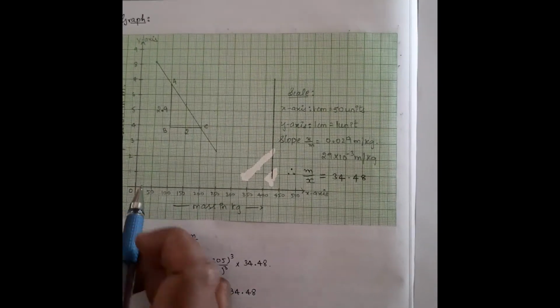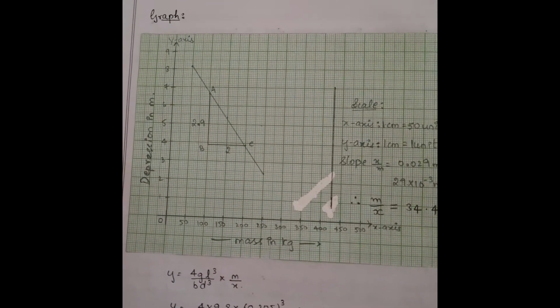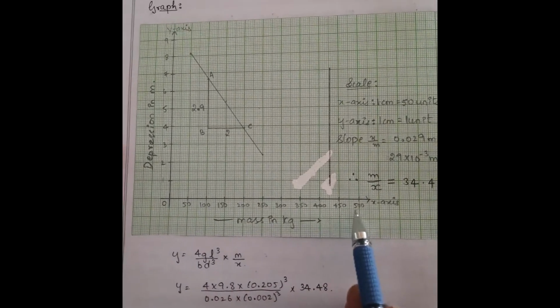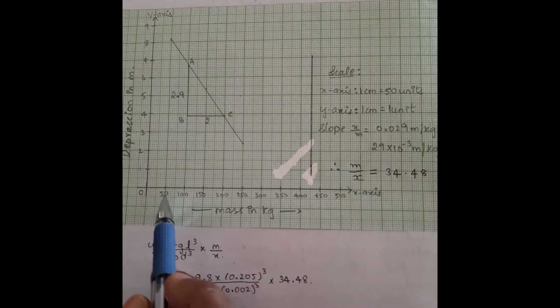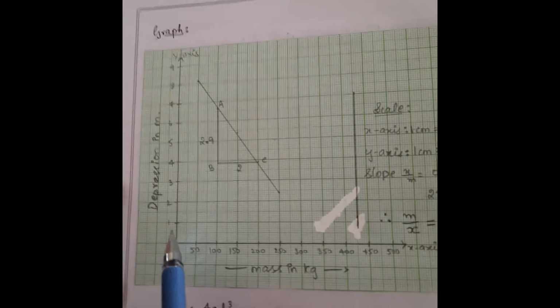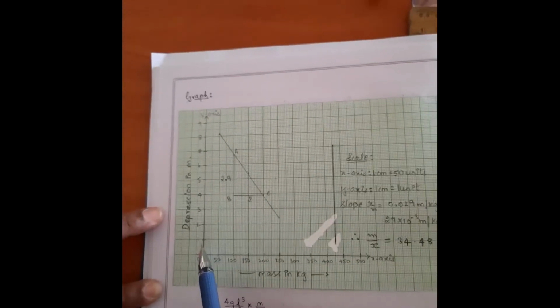So this is the graph plotted according to the results that we obtained. Here load is taken along the x-axis. 1 centimeter is fixed as 50 grams, and along the y direction 1 centimeter is fixed as 1 unit.